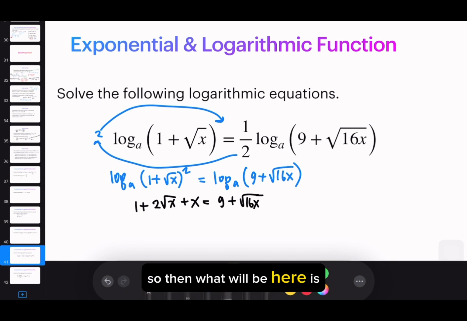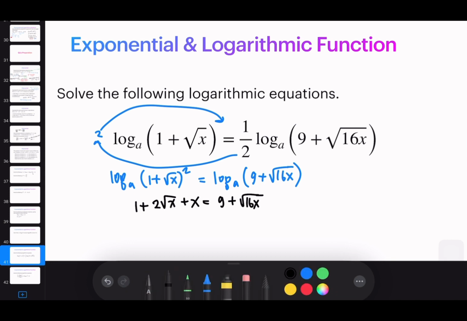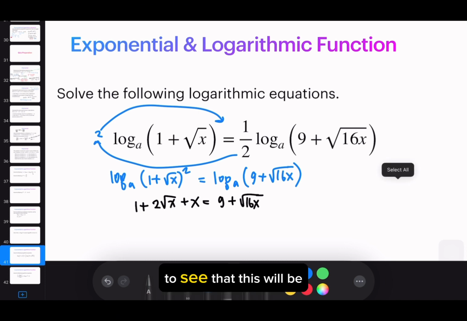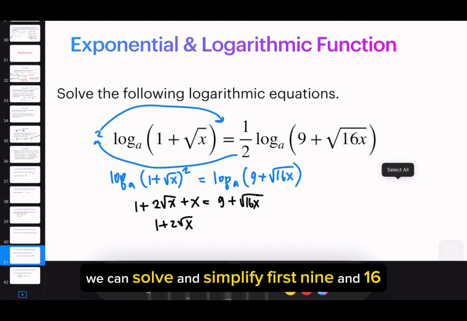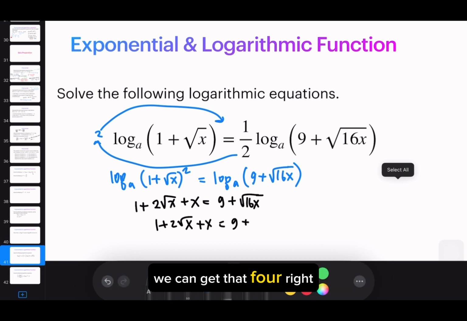So then what will be happening here is we are going to see that we can solve and simplify it first. 9 and 16, we can get that 4, right?